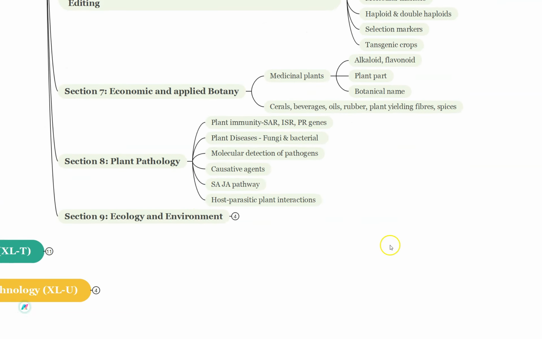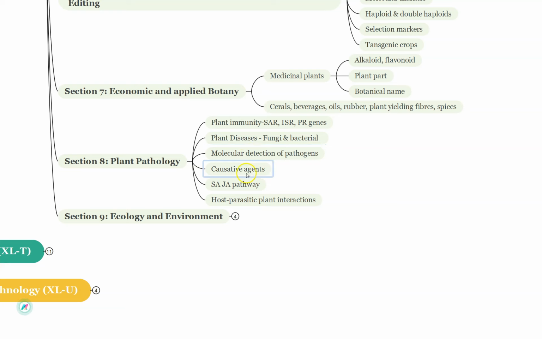Then from plant pathology, the plant immunity, that is systemic acquired resistance, ISR, PR genes, plant diseases, different fungal and bacterial both. Match the following, multiple select questions based on their classifications. What you can do is solve them through option elimination also, right?